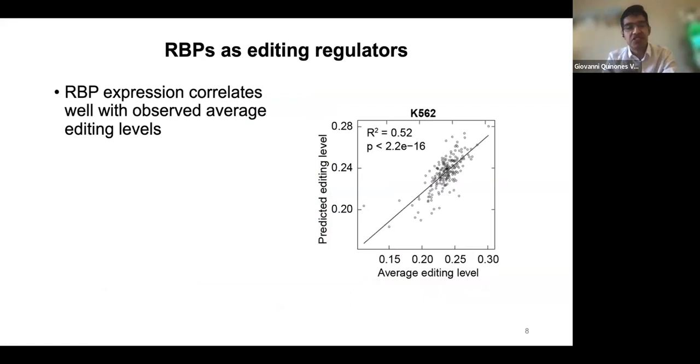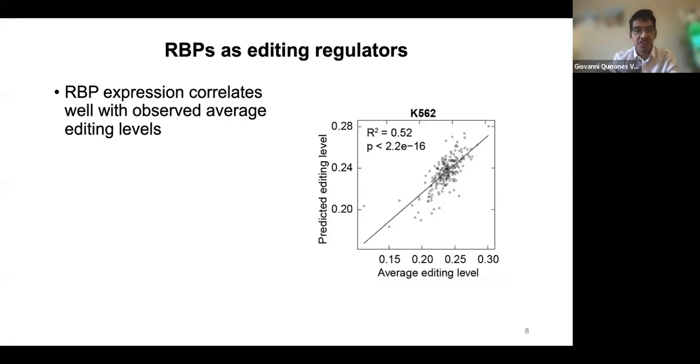The amount of regulation that we report is based off the number of differentially edited sites. But we also wanted to see if we can explain the observed average editing levels based off only the expression of the most significant RBPs.